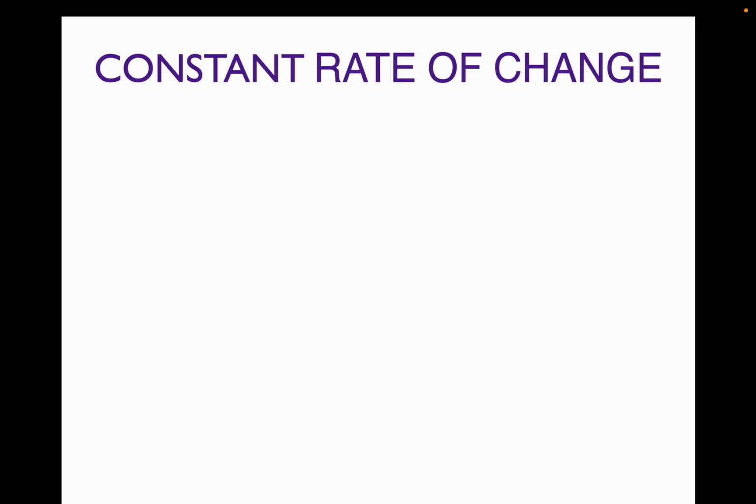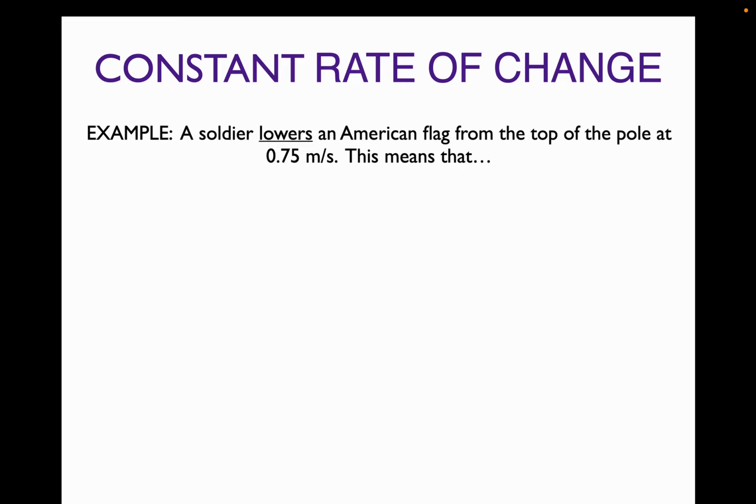So let's see. This is going to be a more complex example here. A soldier lowers a flag from the top of a pole at 0.75 meters per second. So we're doing some sort of ceremony, lowering this flag at a nice constant rate.